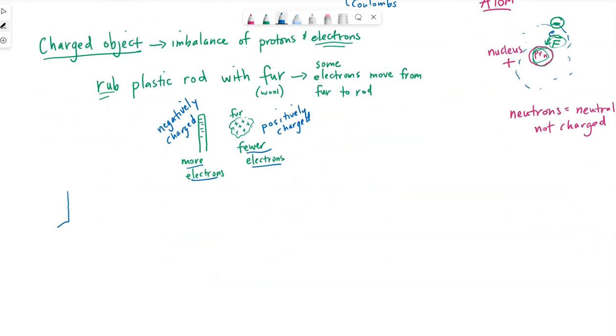If I have a small metal ball and I bring this rod nearby this small metal ball, the ball will actually be attracted.